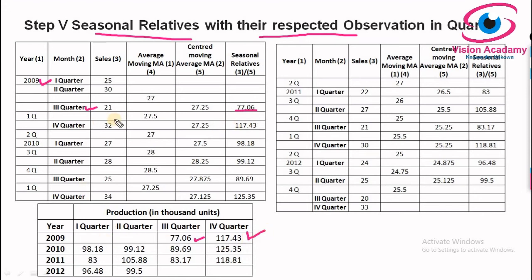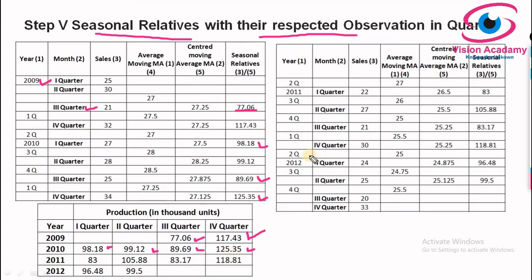Next in 2010, for the first quarter the seasonal relative is 98.18. So here, first quarter of 2010, I have inserted it, and the second quarter seasonal relative is 99.12. Third quarter seasonal relative is 89.69, and the fourth quarter seasonal relative is 125.35.